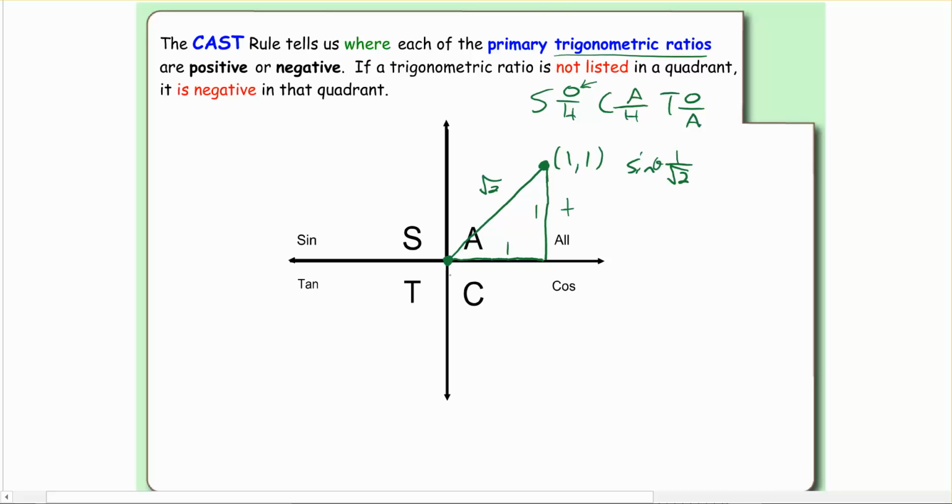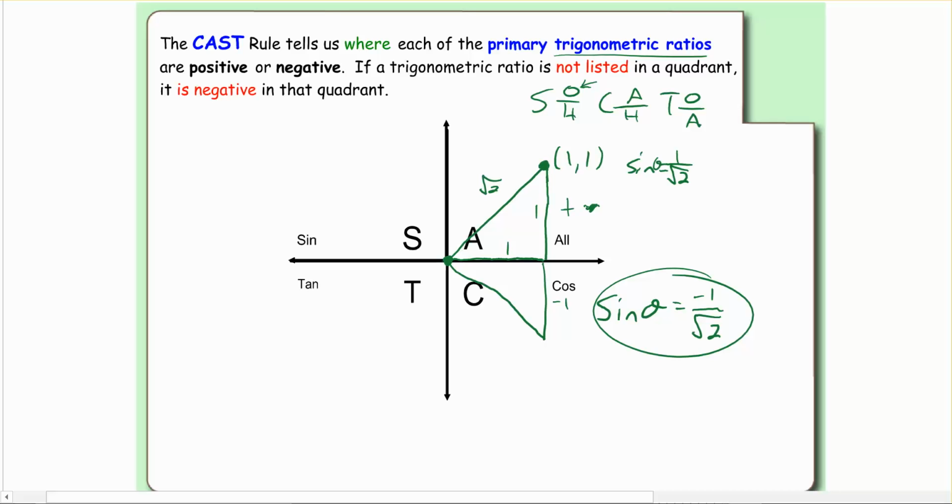I can't say the same for sine if I was down here and had (1, -1). This is 1 and this is negative 1 coming down, right? Now sine theta is equal to negative 1 over square root 2. So you can see my sine ratio is negative down here, but it was positive up there.